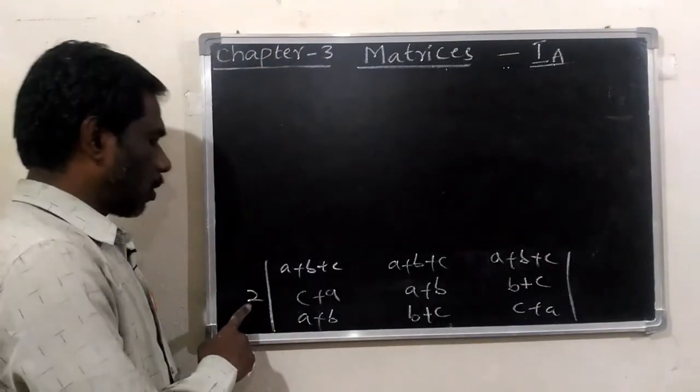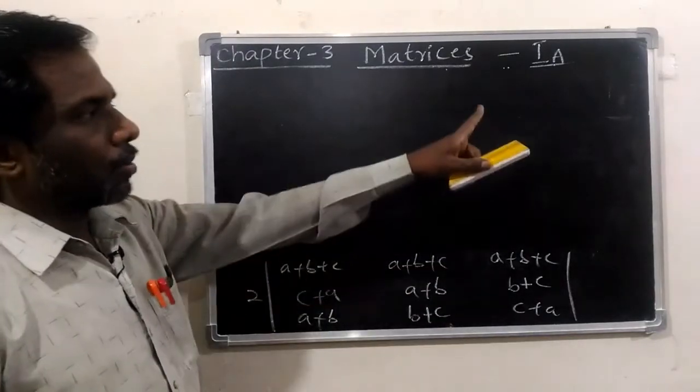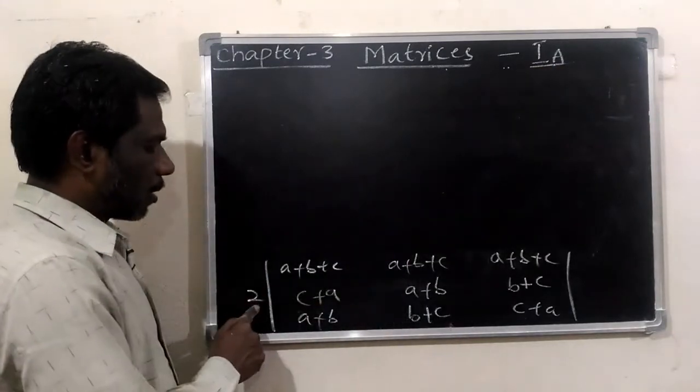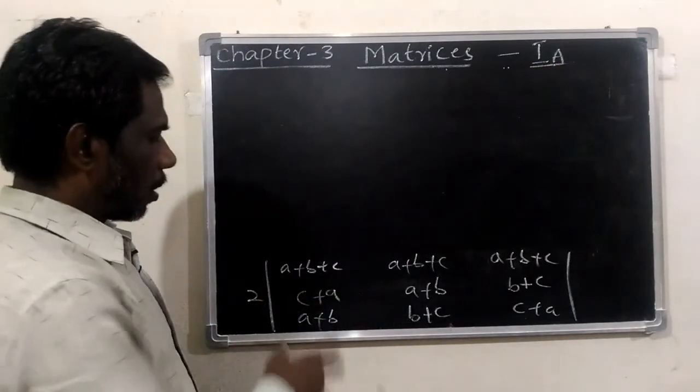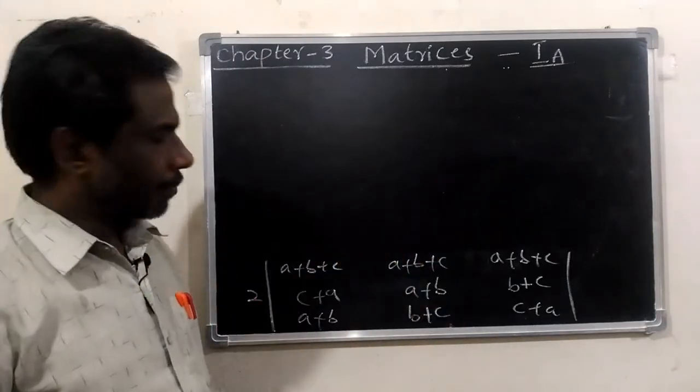Yes, in the RHS we have 2 into the modulus of something, and here we got 2. So now we want to simplify this determinant part.